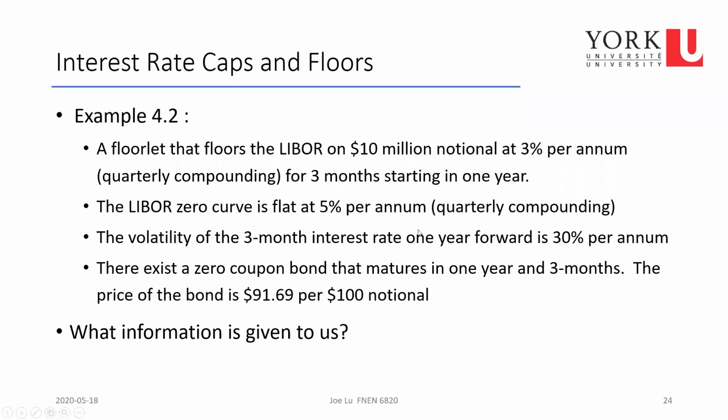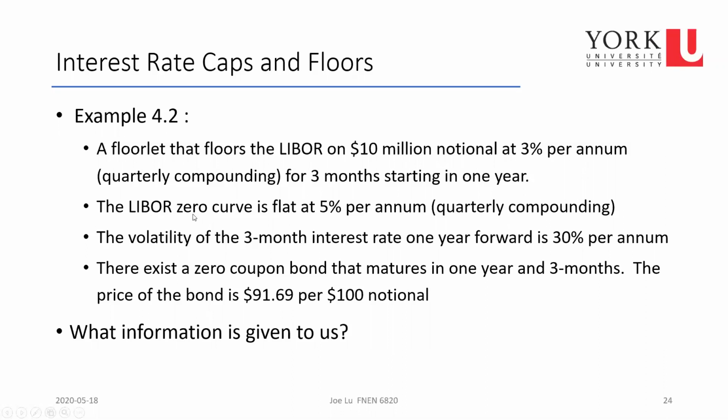Let's now also look at how we can calculate a floorlet, which is actually done in a very similar fashion. Say we have a floorlet on a notional of 10 million, 3% floor rate in this case, and the starting point is also in 1 year, but for a 3-month period.